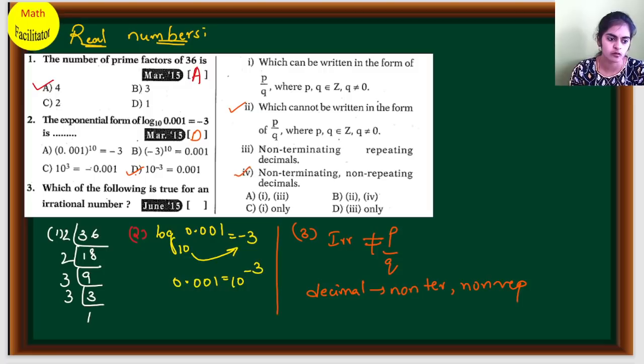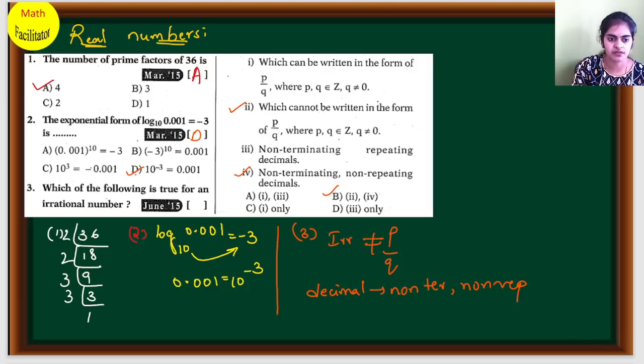So both 2 and 4 are correct. First option is A, second is D and third is B.